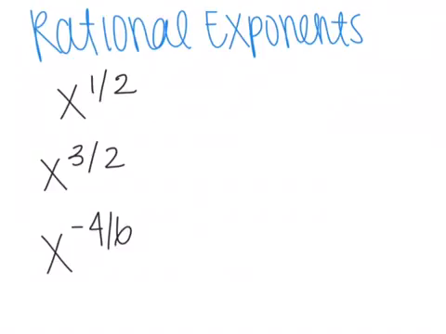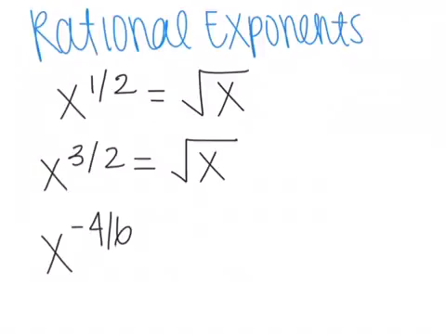With rational exponents, if you have x to the 1/2 power, that's going to be the same thing as the square root of x. X to the 3/2 is the same thing as the square root of x to the 3rd power. So whatever value is in the denominator of the power is going to be the root value, and whatever is in the numerator is just going to be the power underneath the root.